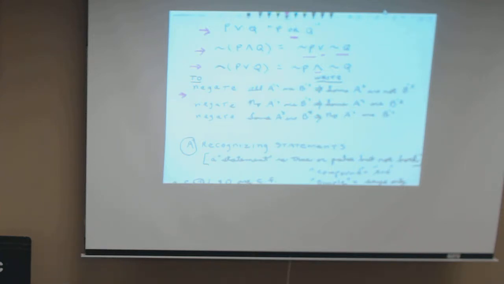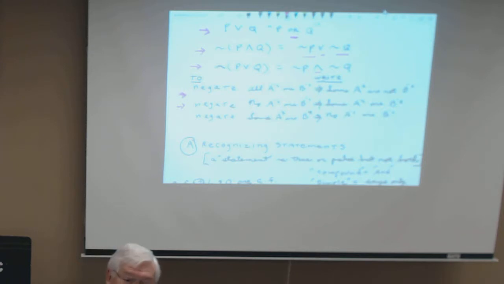How would I negate no A's are B's? No apples are red. How would I negate no apples are red? Some apples are red. You say all are red. I say, no, I can negate that by saying some are not.